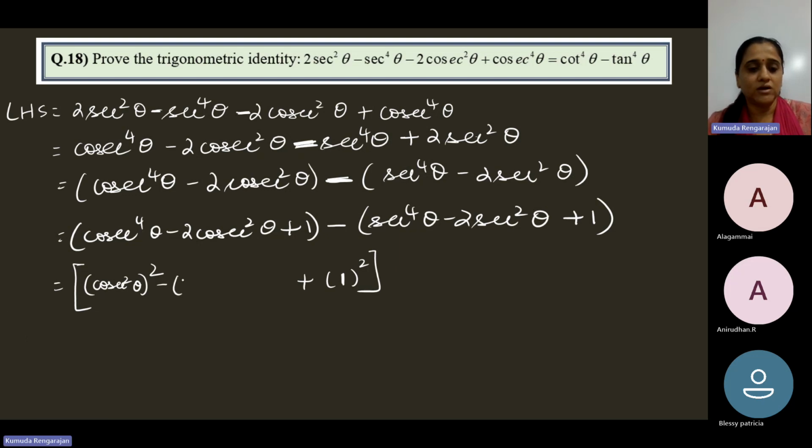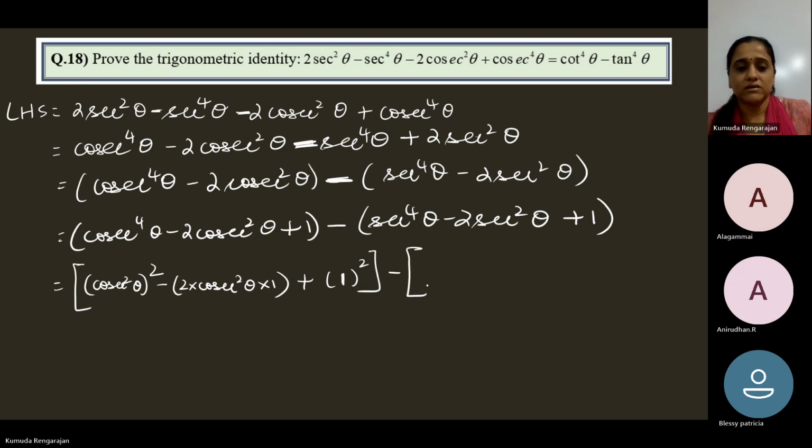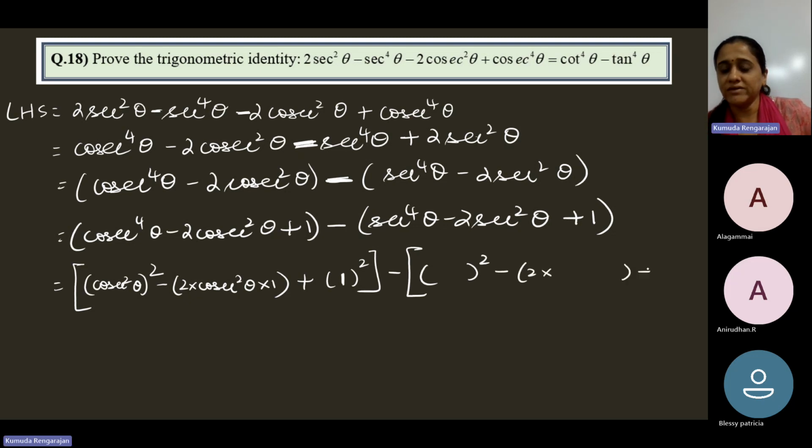So minus 2 into a, this is a into b. Correct? Yeah. Do the same thing. The second bracket. Write the a square term minus 2 into a into b and plus b square.